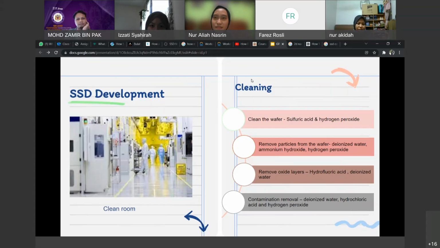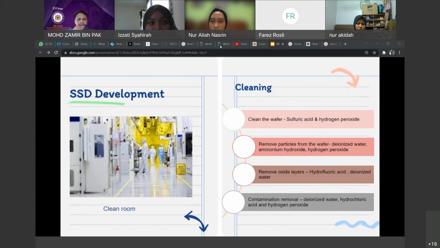Which is? Yeah, anyone would like to answer that? Micron. If I'm not mistaken, Micron and also Lam Research. Okay, Micron, yes, it is Micron in Batu Kawan.